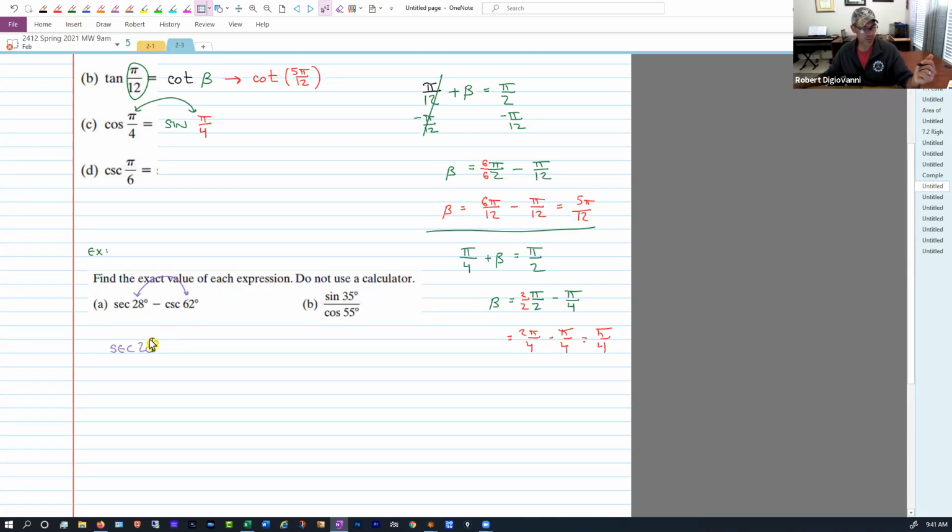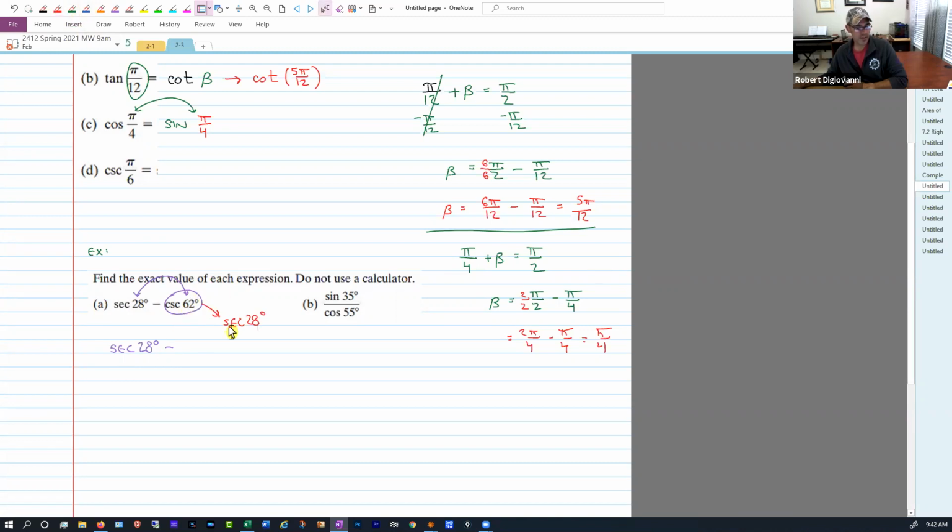Let's leave the secant of 28 degrees alone, and let's say minus. Now, we can rewrite this using the table from before. That should be equal to secant of 28 degrees, shouldn't it? Right?